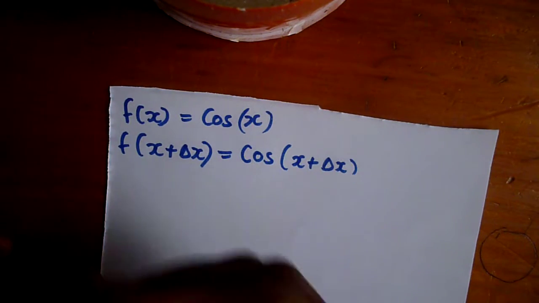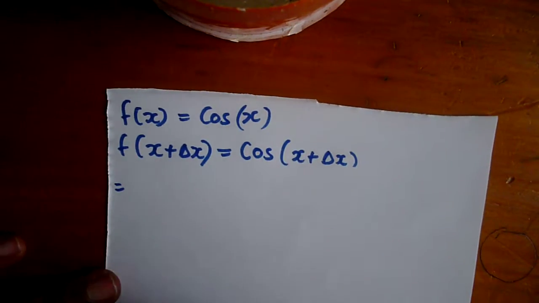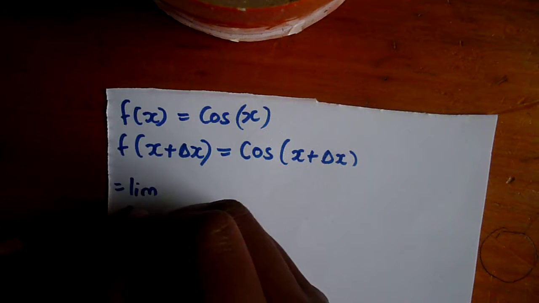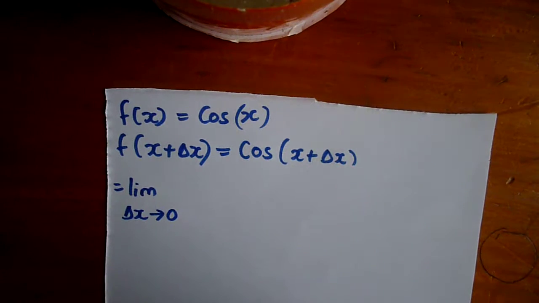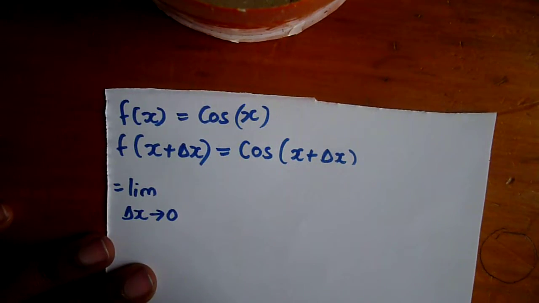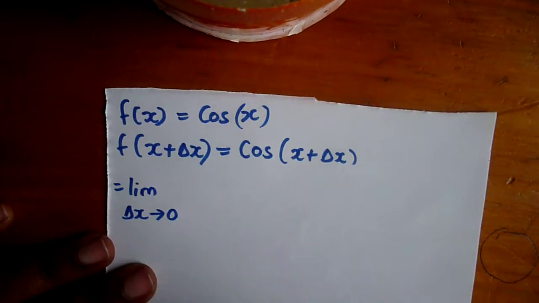So from here, since our equation will be quite long, I'm just going to start from the limit part. And the limit, you should never forget to write it, because if you do, you might not get the right answer. So our f of x plus a small change in x is cos of x plus change in x.